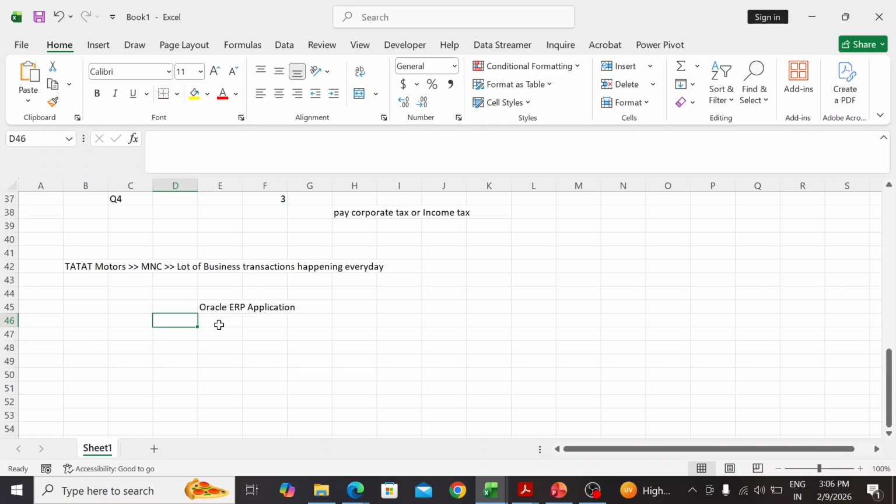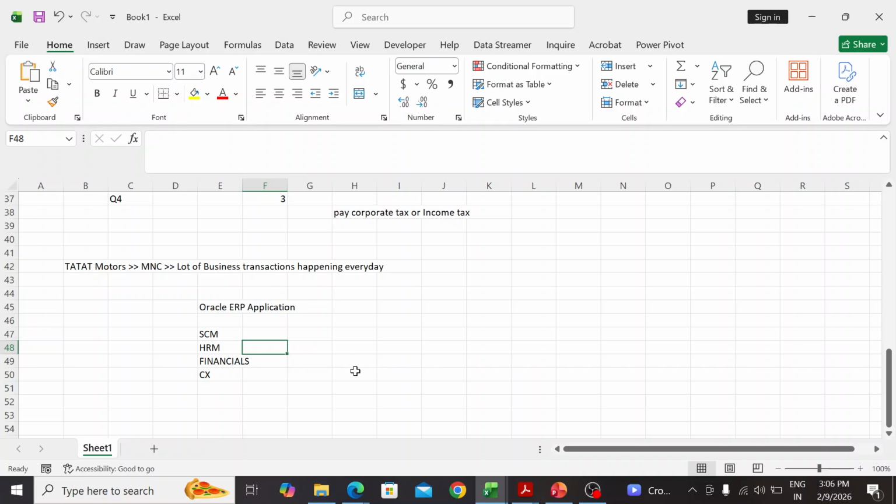Okay, so Oracle ERP application has many streams like supply chain management, human resource management, financials, and customer experiences. There are so many streams.